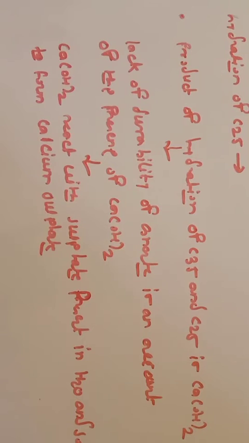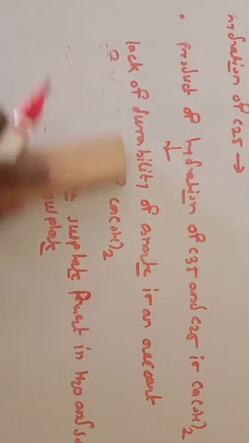The effect of this calcium hydroxide, also known as sulfate attack, causes the deterioration or destruction of the concrete material. And to avoid this, you have to use blending materials such as fly ash, silica fume, and other pozzolanic materials to overcome the sulfate attack. So this is also an important point.